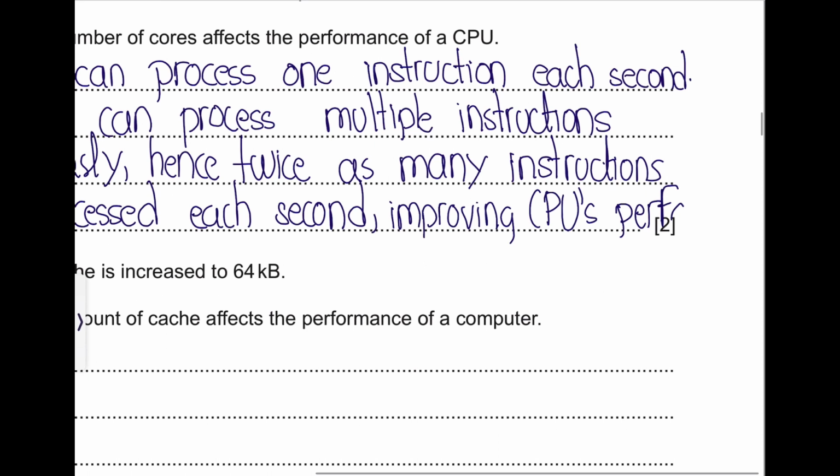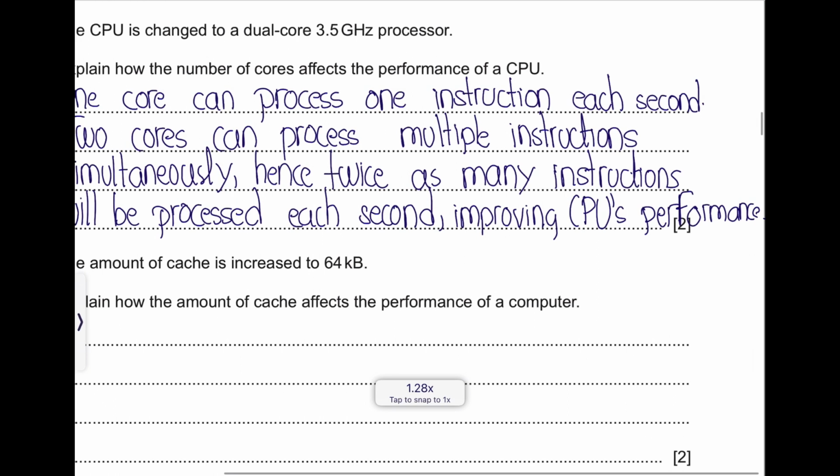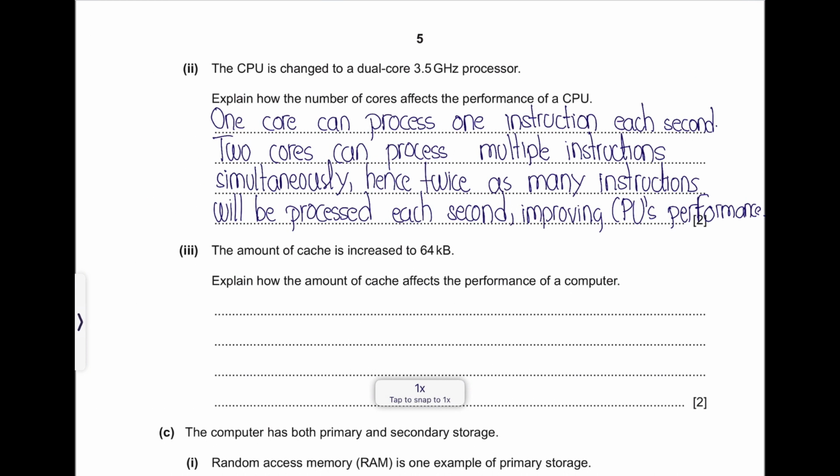I hope this is clear. So what I've basically said here is that if one core allows you to perform one instruction per second, multiple cores allow you multiple instructions, so basically two instructions. Hence you process twice the instructions because having two cores, your performance improves.